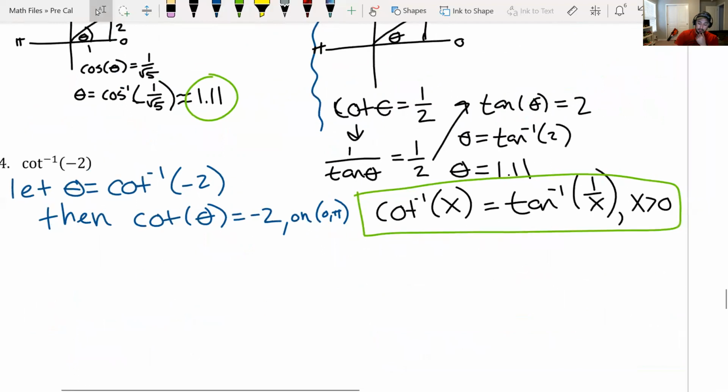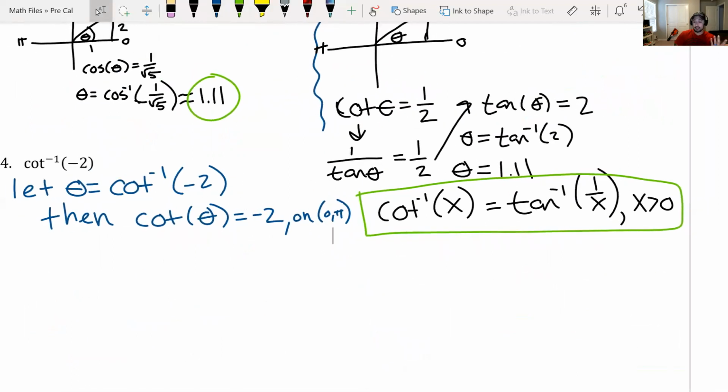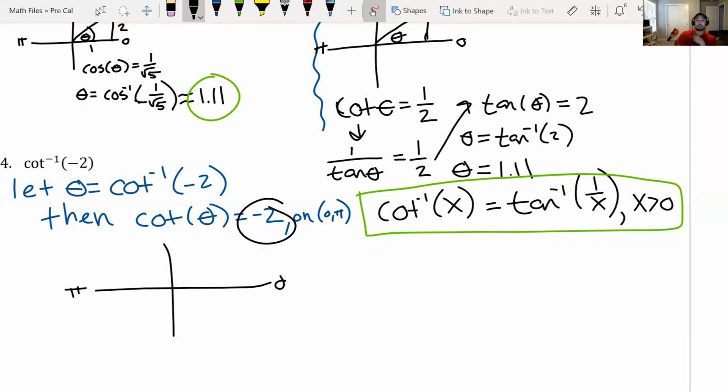Down below, because we want to make this easy, we want to use the new formula from cotangent inverse to tangent inverse. So I'm going to show you the unit circle of what we have here. So here's 0, here's pi. If we're -2, what quadrant are we in? Are we in quadrant 1 or quadrant 2? Quadrant 2 is the correct answer. You're right.